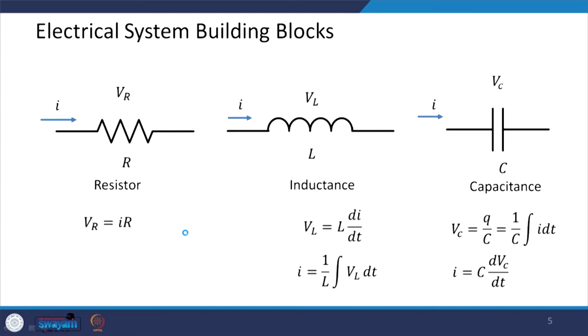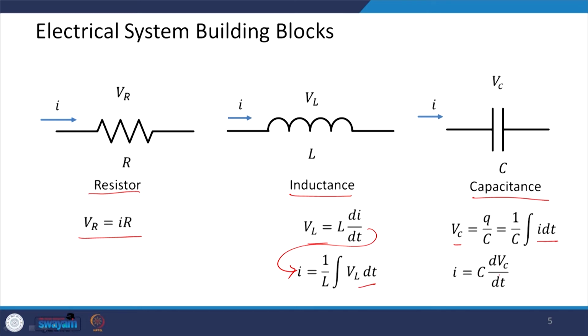So here are the three basic electrical system building blocks: resistor, inductance and capacitance. The relationships are VR is equal to IR, VL is L di by dt, and Vc is Q by C, basically 1 by C integral I dt. These equations are sometimes written in the form I equals 1 by L integral VL dt, and I equals C dVc by dt.